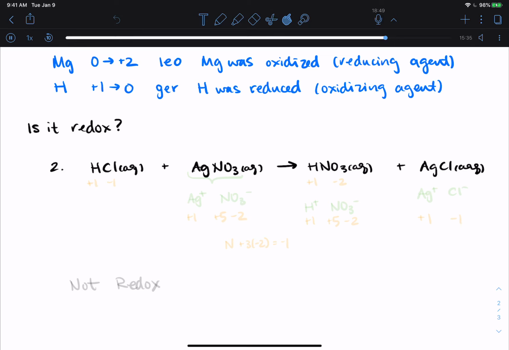All right. Don't have any free elements. I don't have any monoatomic ions. I don't have any group 1 or 2 metals that fit. So the nonmetals, the hydrogen is a +1, and it looks like it's the first piece of information I have for the HNO3 on the right as well.